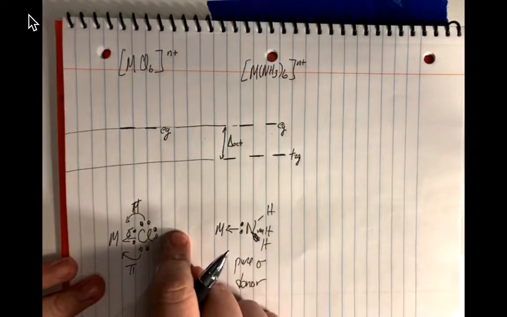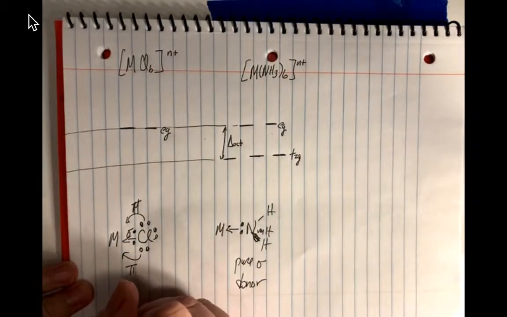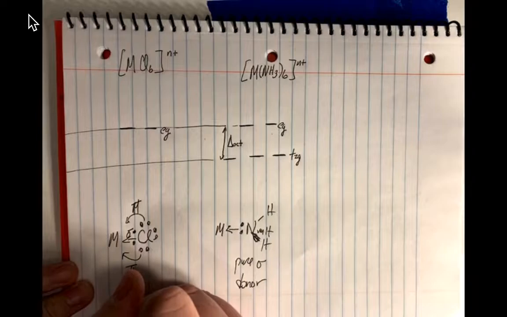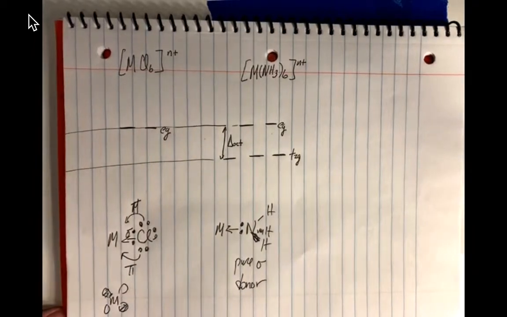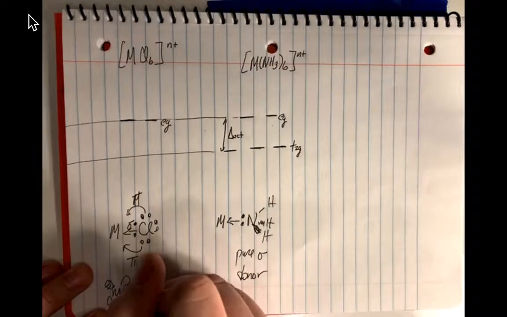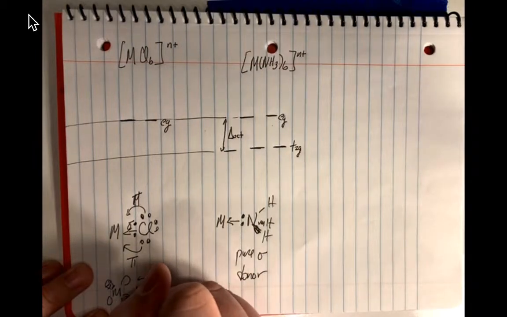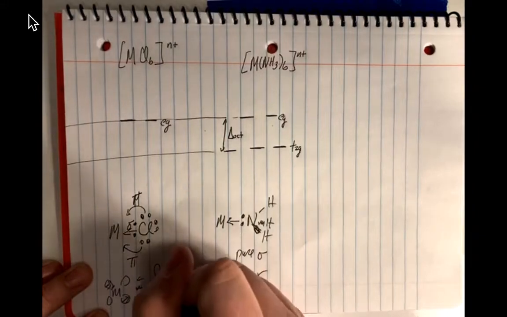The T2G set, which is going to be filled, undergoes interactions like this, where we have a filled orbital on the metal interacting with a filled pi orbital on the chlorine.